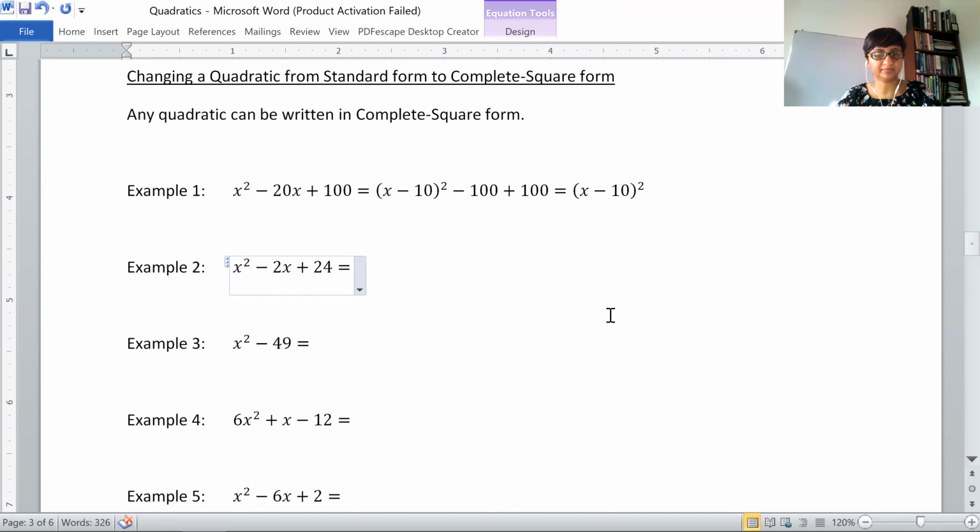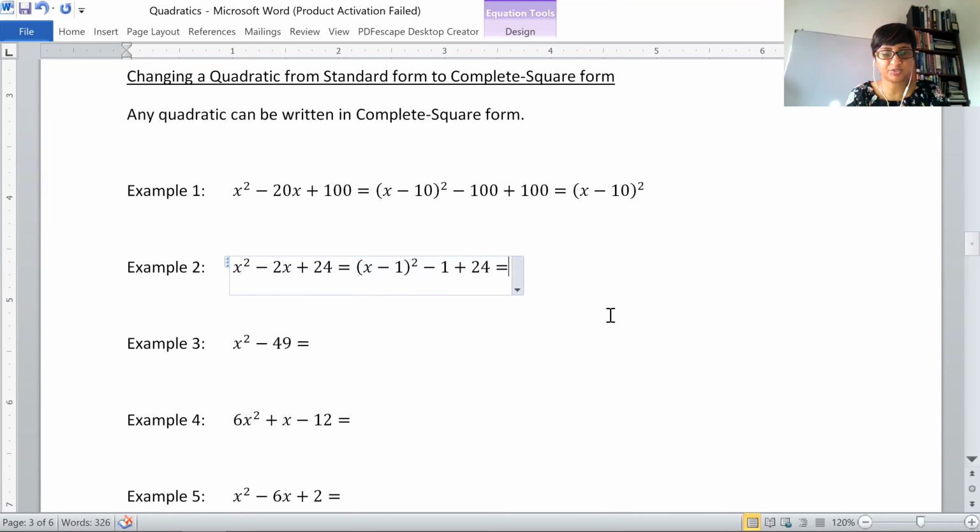And the second one, again, something square. What square do you get? x minus half of 2 is 1. And then minus, it's a 1 by 1 piece, so 1 times 1 is 1. And then plus 24.